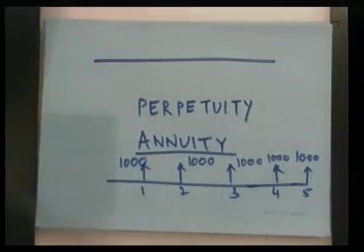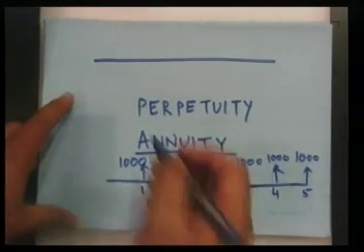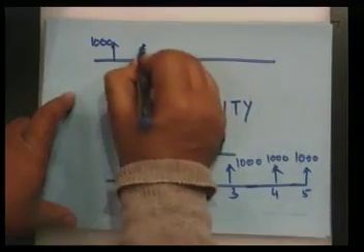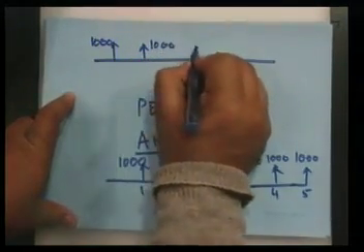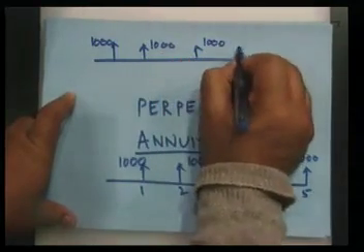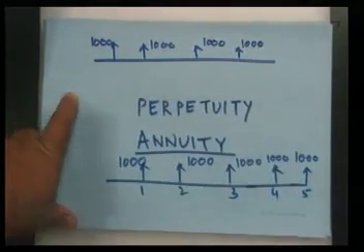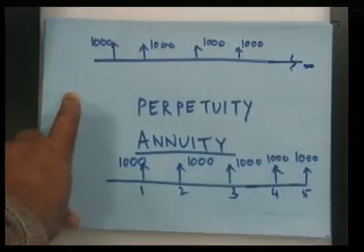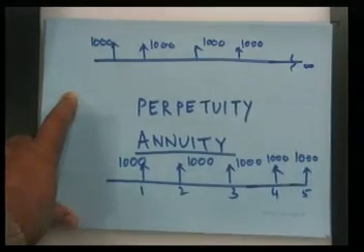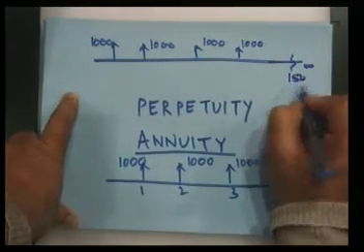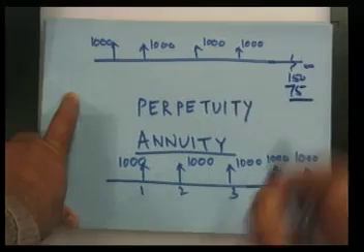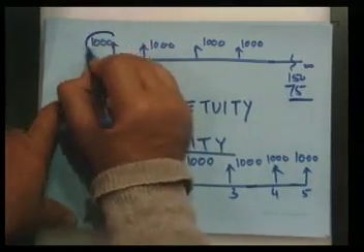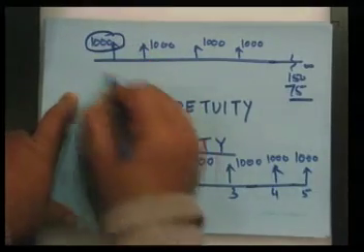Now, the difference between annuity and perpetuity is this. Assume that this 1000 you are going on receiving throughout your life, let us say 100 years or 150 years or maybe 75 years, it is as good as infinity. Then this 1000 becomes a perpetuity.